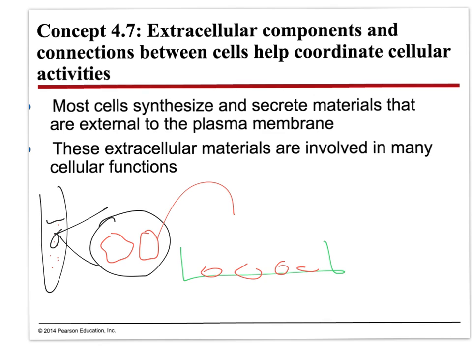But the extracellular matrix, the proteins that are on the outside of the cell over here, is important for how the cell recognizes where it is, what its context is, what's surrounding it, etc. Did you notice how I drew those cells?